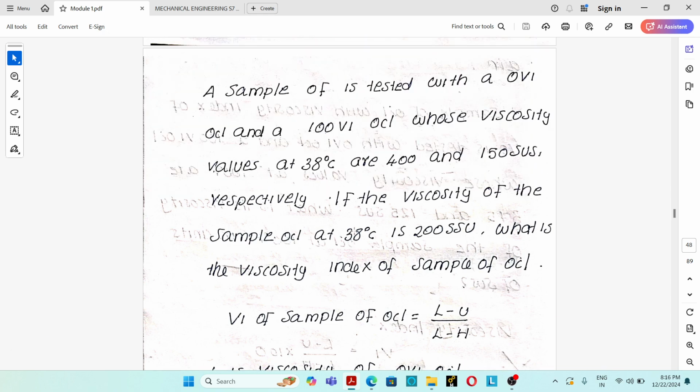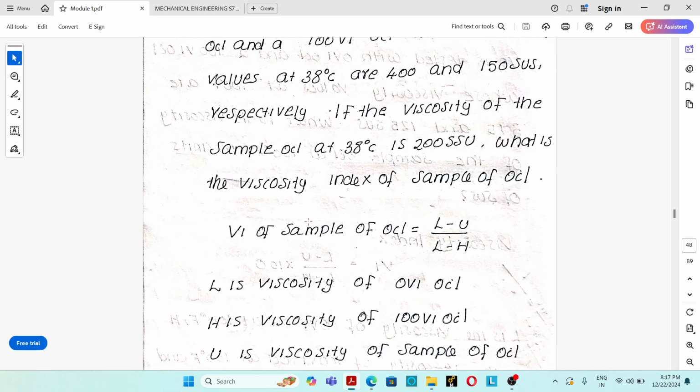The second important question: a sample of oil is tested with a 0 viscosity index oil and a 100 viscosity index oil whose viscosity values at 38 degrees Celsius are 400 and 150 SUS respectively. If the viscosity of the sample of oil at 38 degrees Celsius is 200 SUS, what is the viscosity index of the sample of oil?